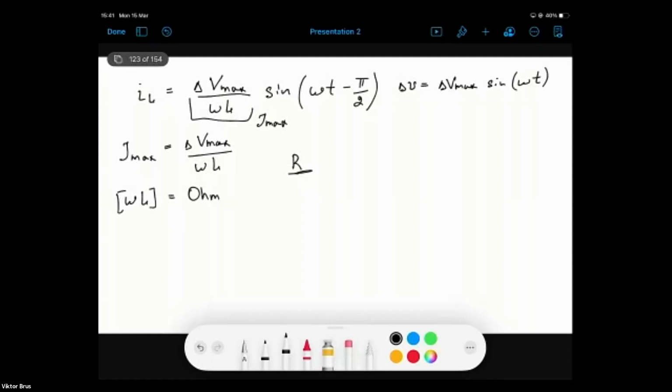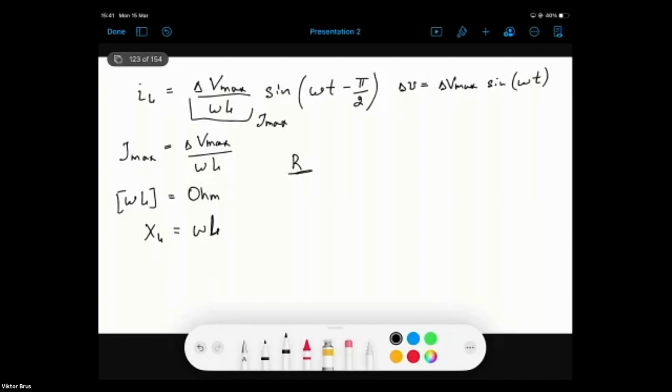So that's why a new term is introduced. It's marked as XL. It's called inductive reactance, and this is equal to omega L. So this is frequency dependent inductive reactance.